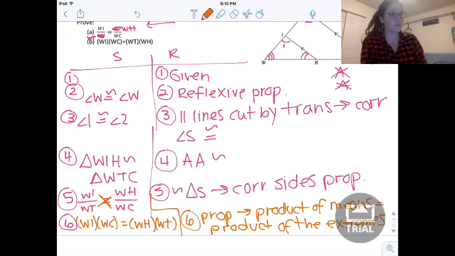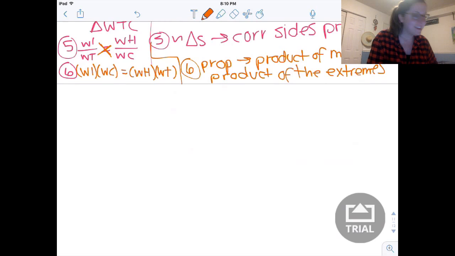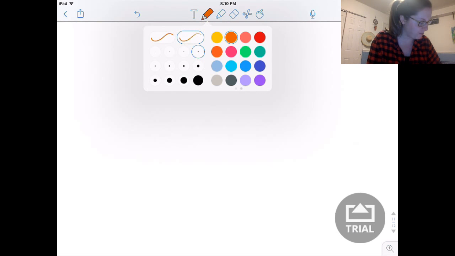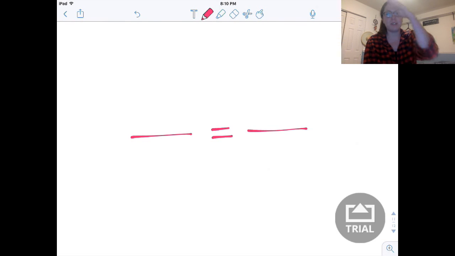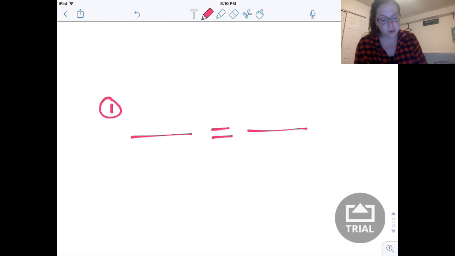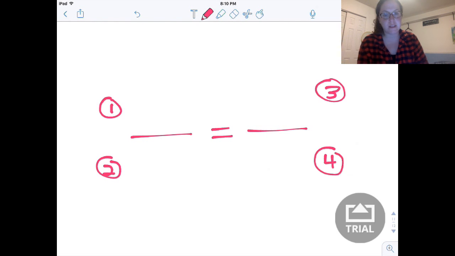What does product of the means equals product of the extremes mean? Good question. Okay, so let's look at this. In a proportion, you guys know to cross multiply, right? Top times bottom, top times bottom. So we have fancy vocab for things in math. The mean in math typically means the middle, right? So in a proportion, normally I'd write this over this equals this over this. So we call the two things you write in the middle the means.